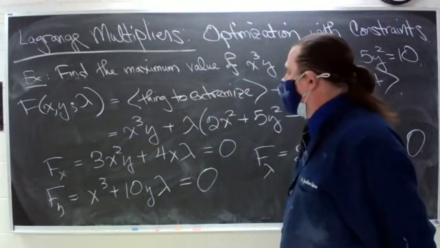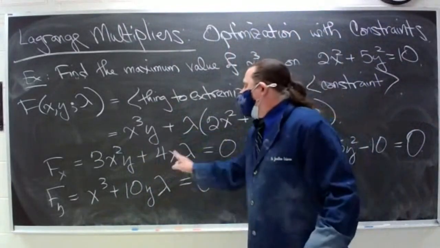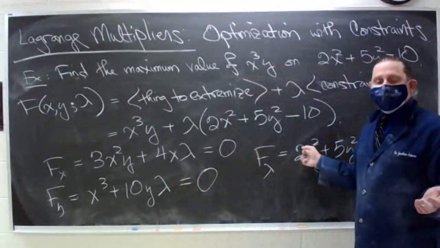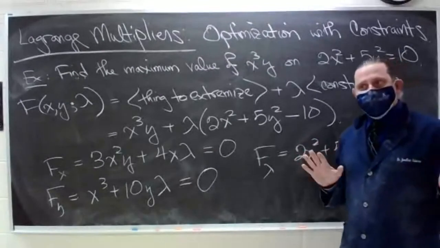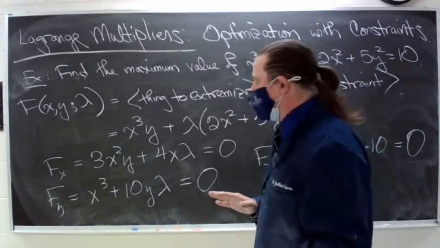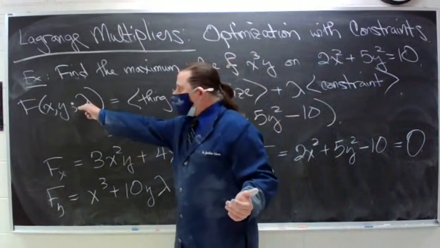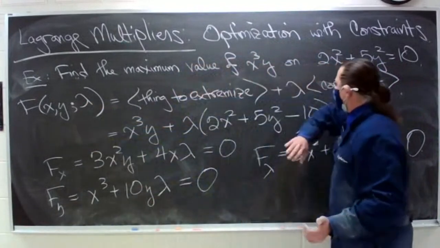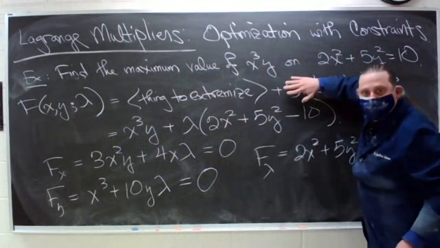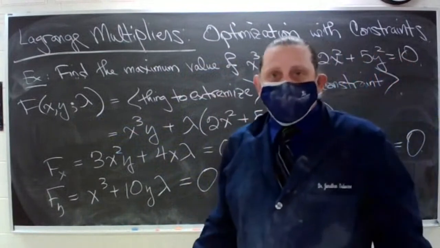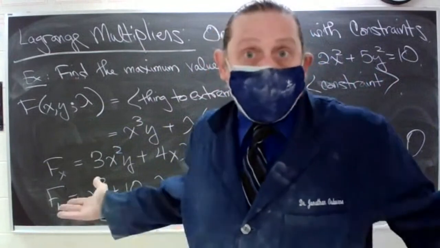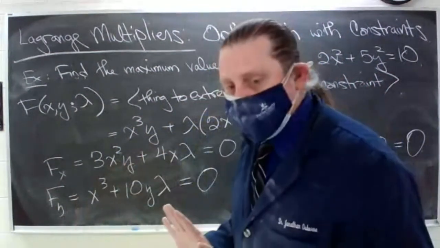All right? Notice also that the point that satisfies these three equations, since it satisfies the constraint, the value of the function at that point is the thing we want to extremize. Because the constraint equation came there. All right?